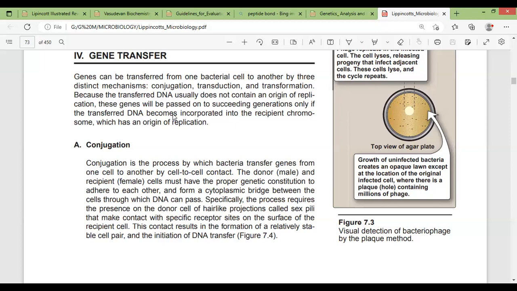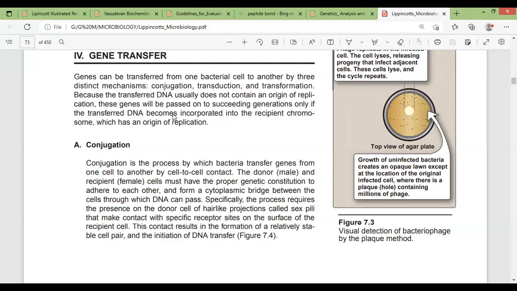In conjugation, essentially, there's a sex pili that is used to make contact between the two cells. We say they are very important for attachment, and they're also important for communication.